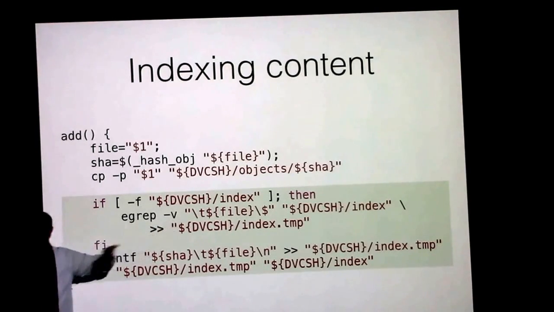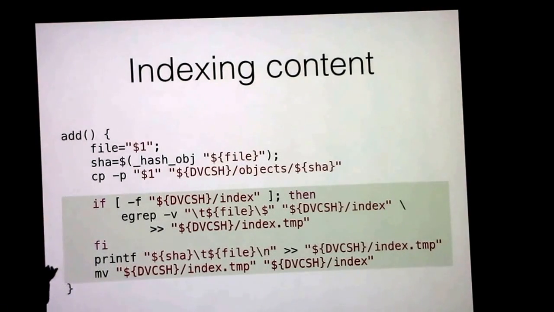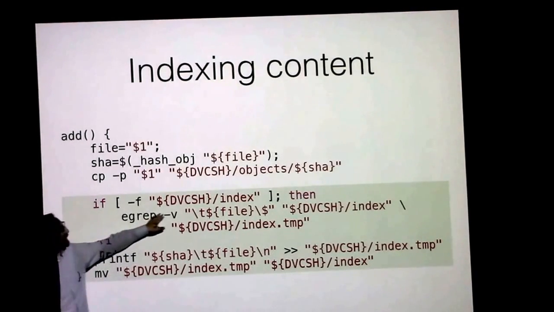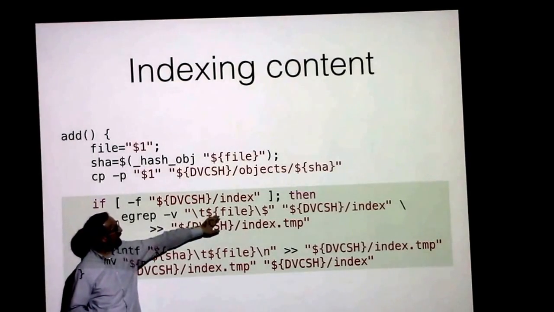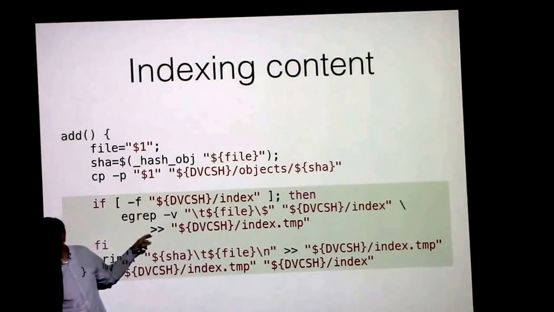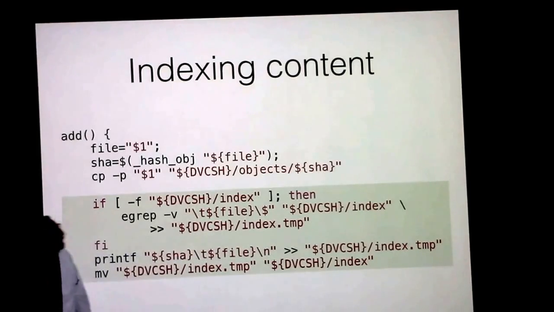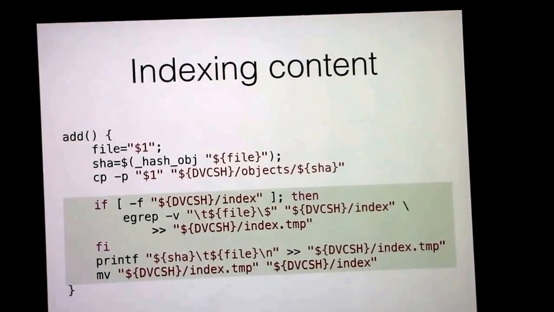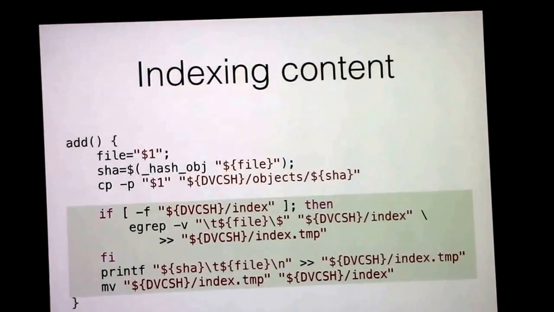This V flag here inverts the sense of that, so it will print out all the lines that do not match. So this is sort of a poor man's subtraction. It takes the last time this entry was in the file and removes it from the output, and then we copy that to index temp. This enables us to add a file multiple times but not get multiple entries in the index. We just get one entry. That's all that is. Nothing that special.